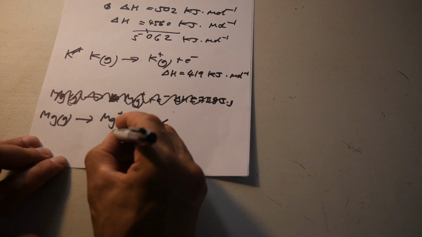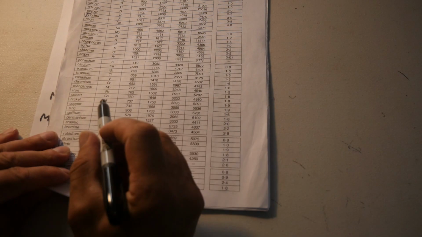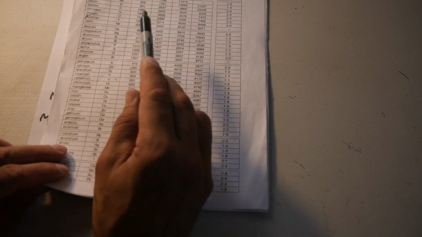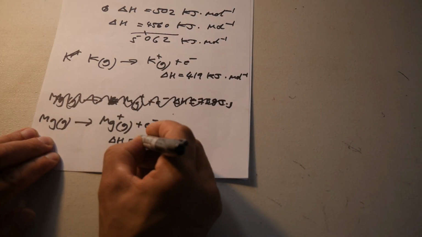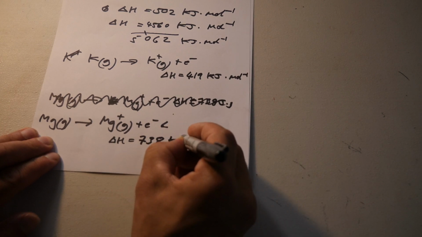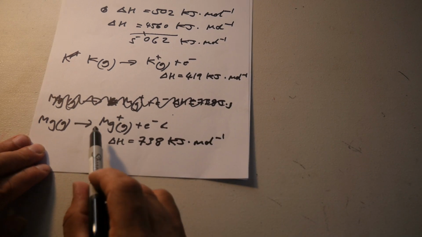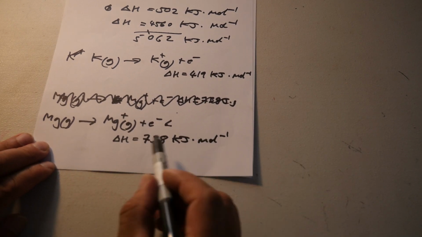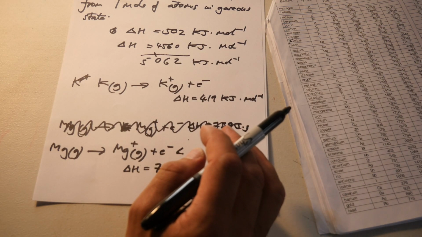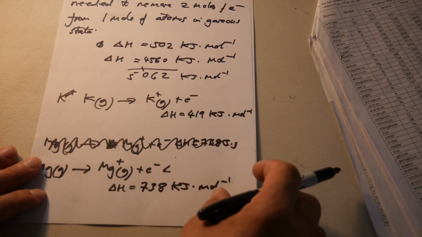So for magnesium it's 738 kilojoules per mole. Normally you write it all in one line, but this thick pen is stopping me. So that's basically what ionization energy is.